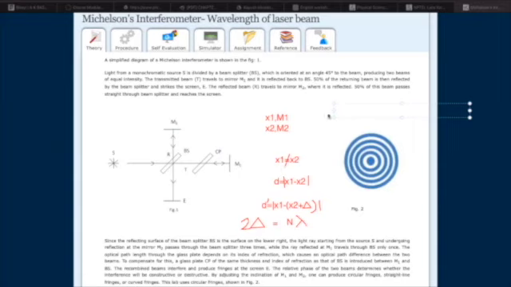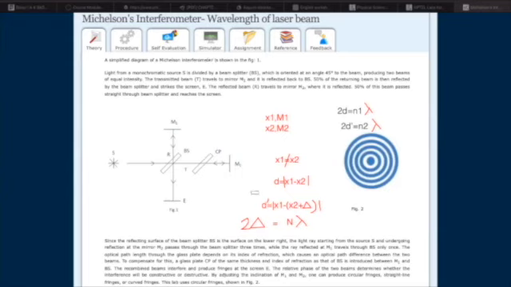For this D, I can write 2D equal to some n1 lambda, and for D prime we can say 2D prime equal to n2 lambda. So your delta is basically the difference of the two.